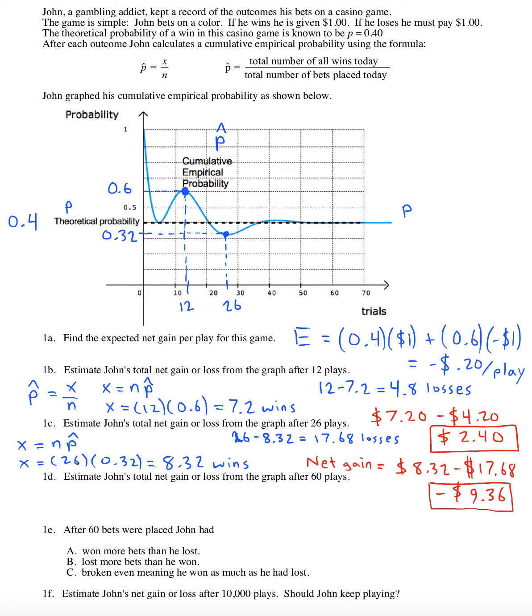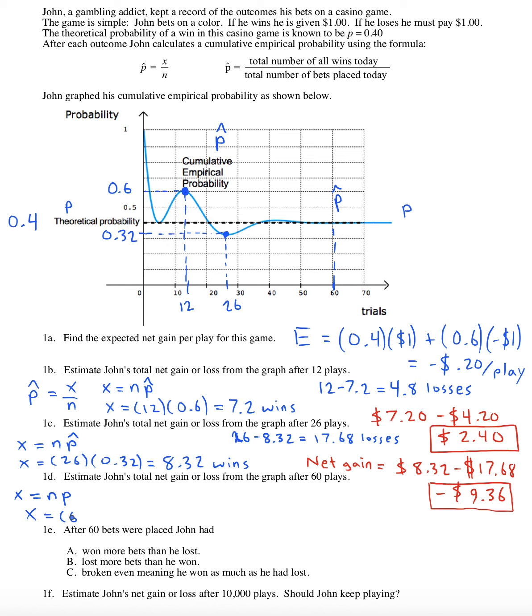Now let's try it after 60 plays. As you can see from the graph, at this time the cumulative empirical probability pretty much equals the true theoretical probability. Because there have been so many plays, it's expected that they should be really close at this time. For that reason, when we do our calculation, we could just use P, which is the expected probability of success.